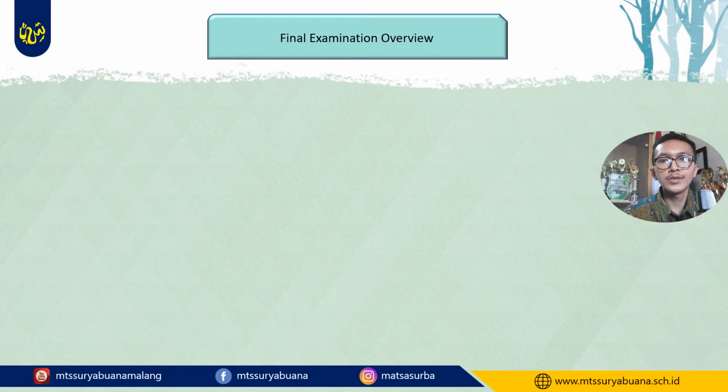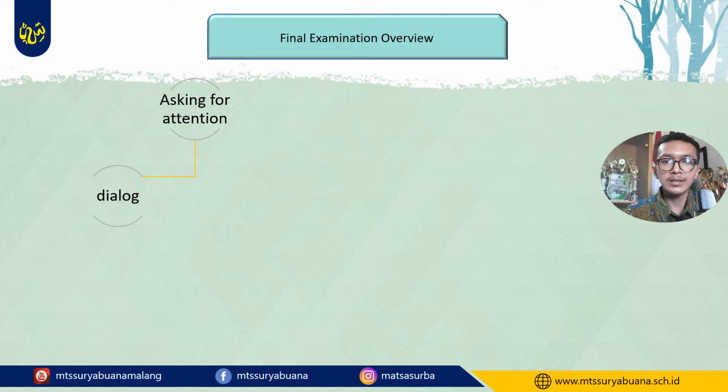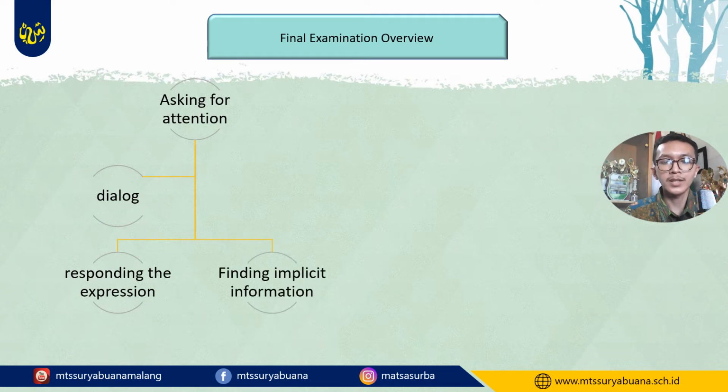Alright, after you know the list of all the materials that will be used in a final examination, here I will show you the final examination overview. The first material is asking for attention. The form of the question is in the form of dialogue, and the students should respond the expression, and then find implicit information.